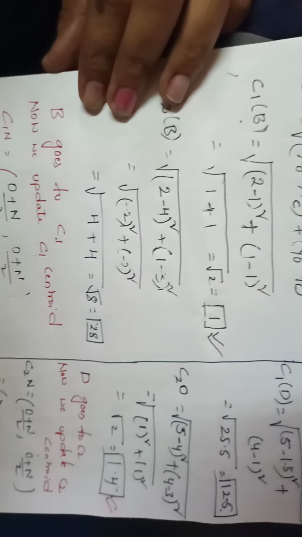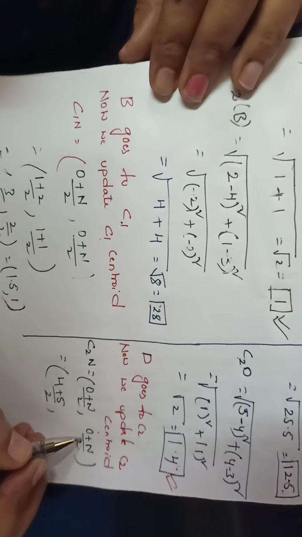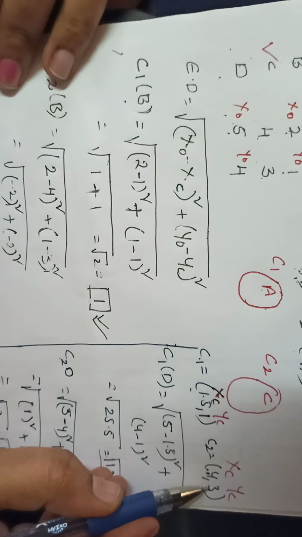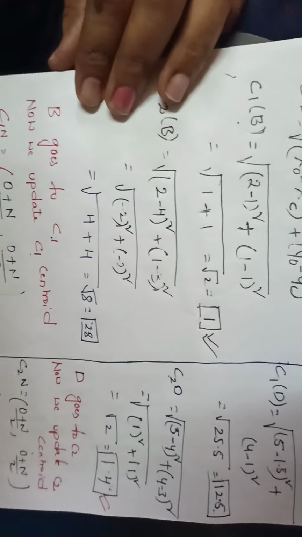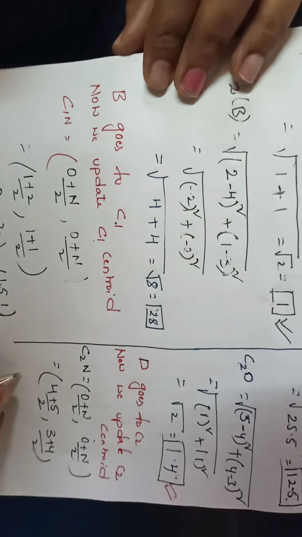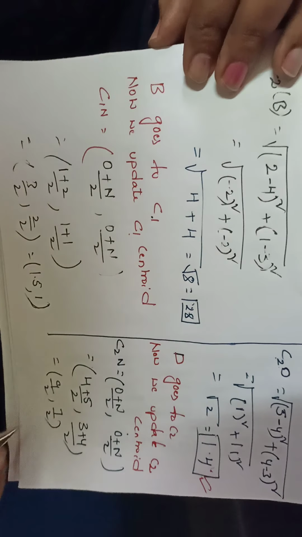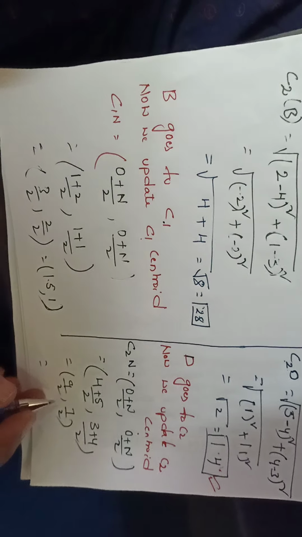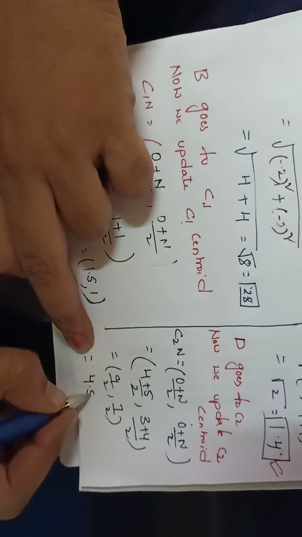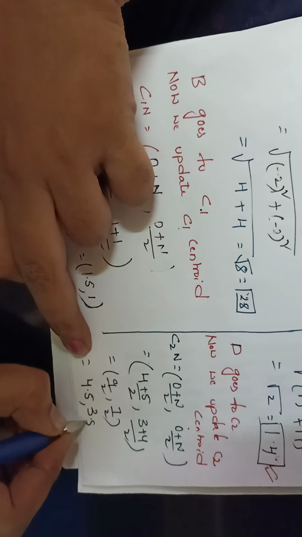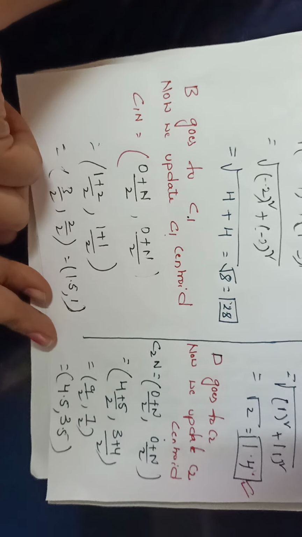So 4 plus 5 by 2. Again, the old value is 3, so 3 plus 4 by 2. That is 9 by 2 comma 7 by 2. What's the value of that? 4.5 comma 3.5. These are the new centroid values.